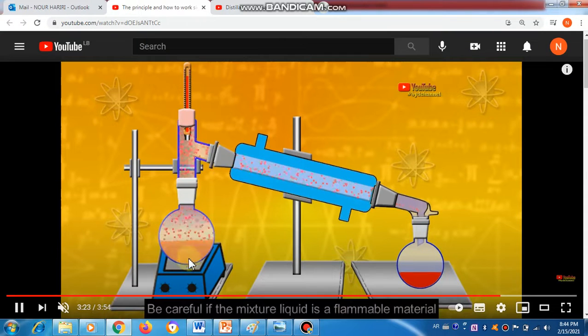At the end of the experiment, all of the substance A is collected in the Erlenmeyer flask, and there is no substance A in the round flask. So we will obtain substance A here, it's a distillate, and the substance B here. They are separated, and this is the method to separate a liquid homogeneous mixture.